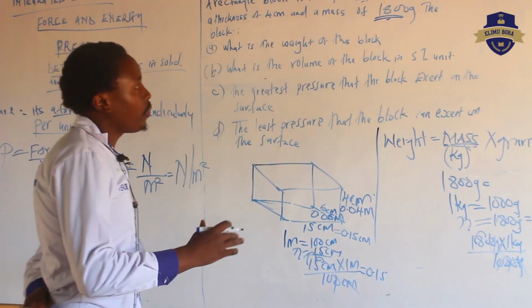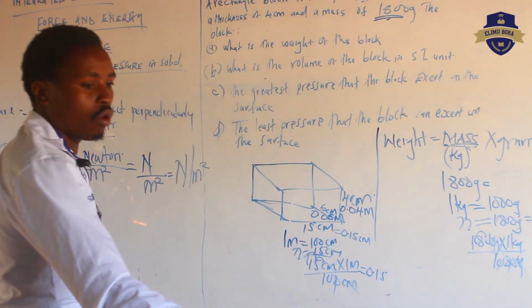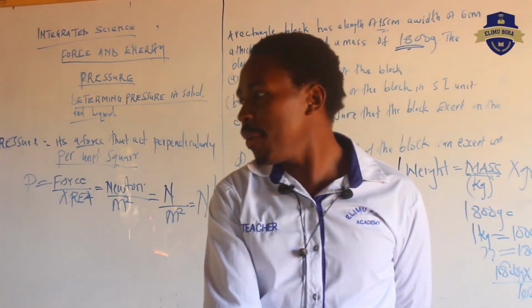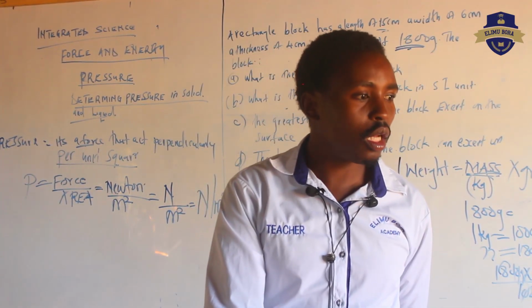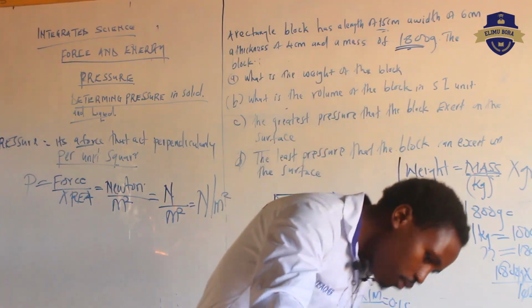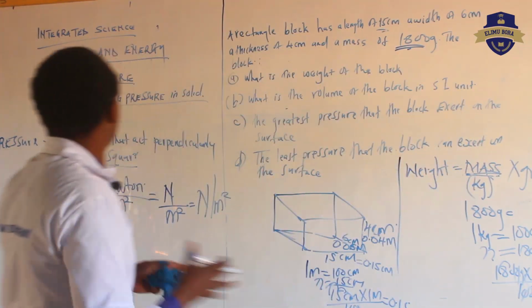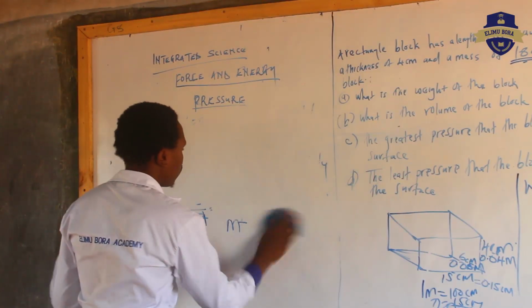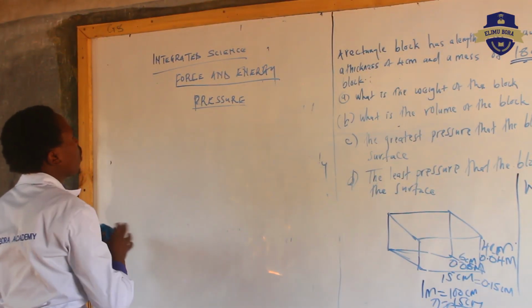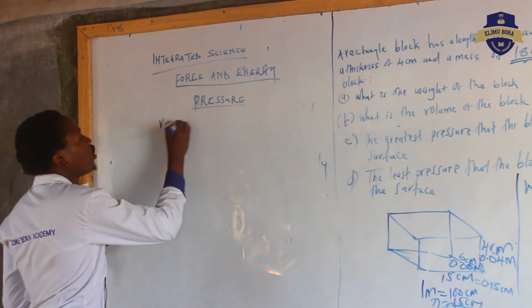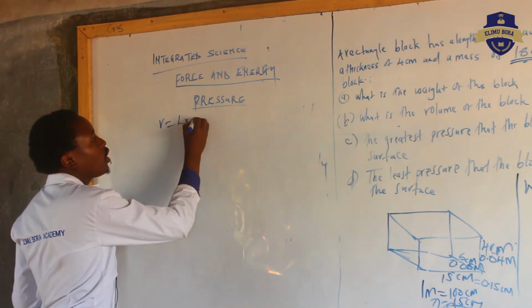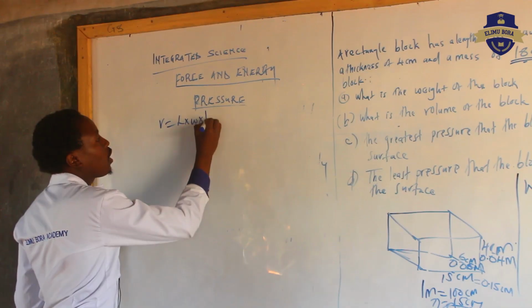So when you are determining the volume, where's the duster? When you are determining the volume, class, volume is equal to what, class? Length times width times height.